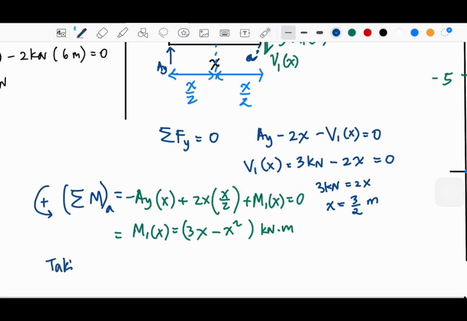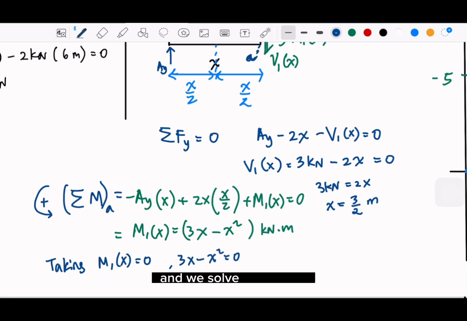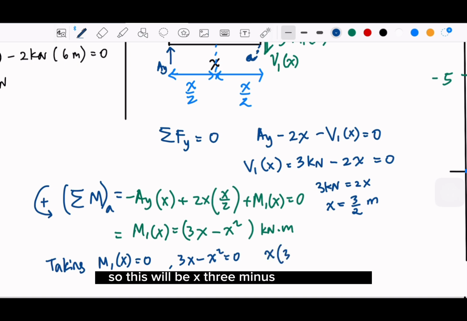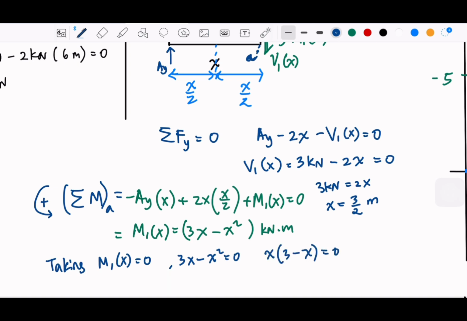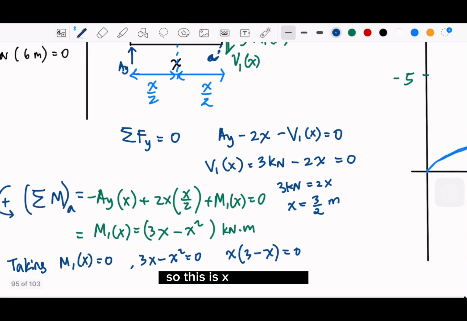Taking that M1 is 0, we are taking this quadratic equation and we solve by factoring. So this will be x(3 minus x) equals 0. I think it's clear that x equals 0 and x equals 3. So this is x equals 3.